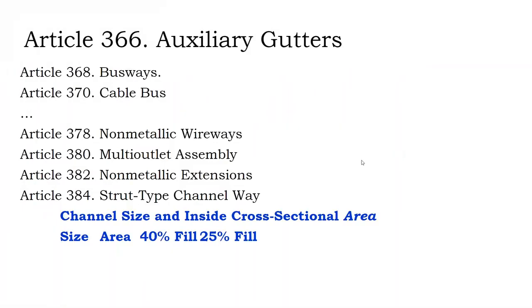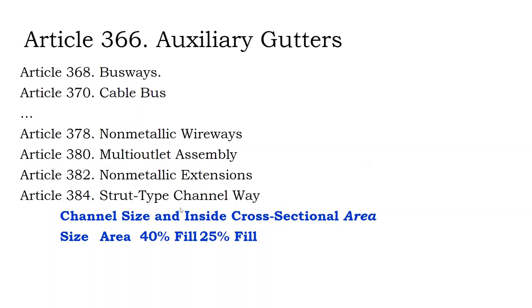And finally, now we're getting to something that isn't conduit, called gutters. A lot of self-educated electricians and solar installers, this is where they start to not have as much experience.